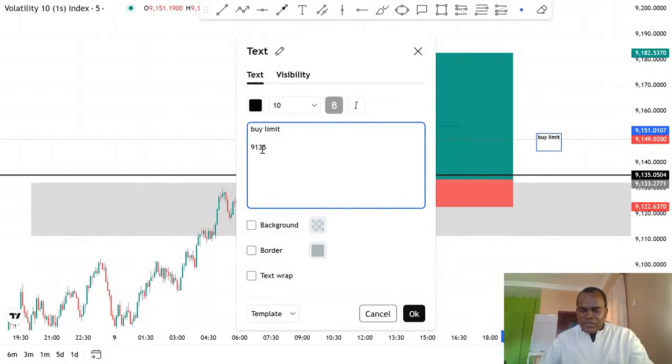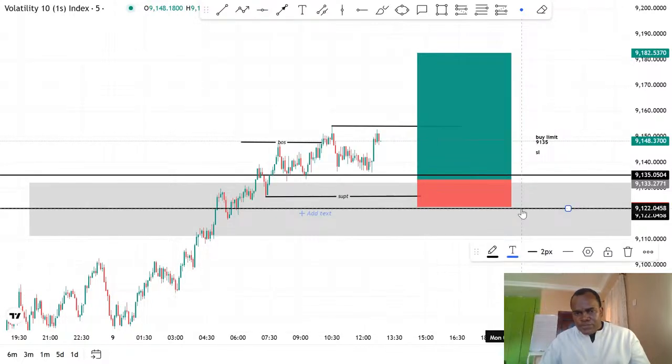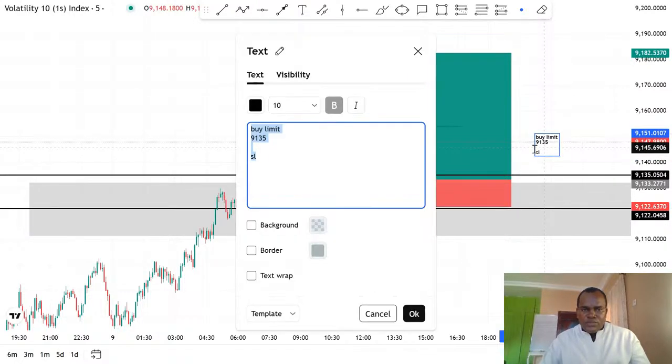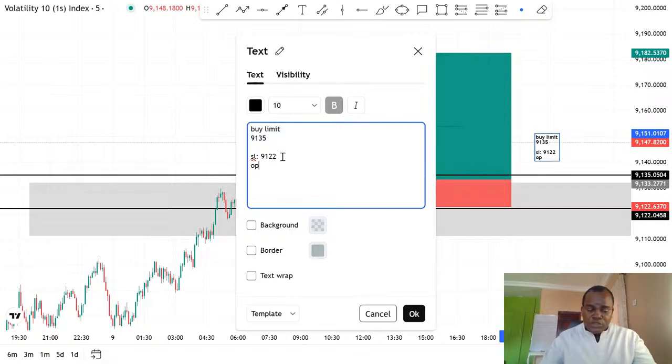You want to buy from there, and then your stop loss is supposed to be at, let me use, okay, 9122. I hope that's correct. And then TP, I will say leave it open. It's up to you to know where to take your profit from. But in case you don't know, I must just suggest if you ask me.